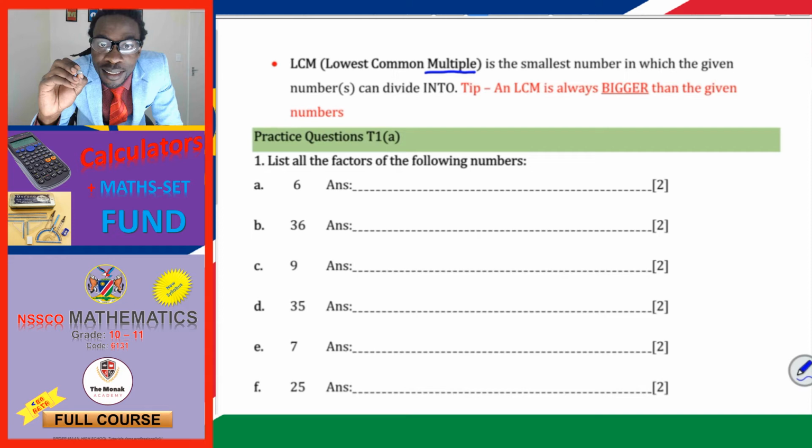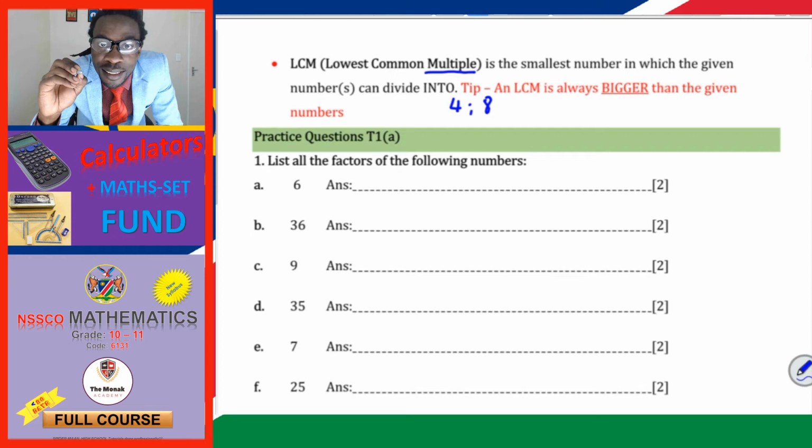So I give our examples 4 and 8. So we're saying, what is the smallest number in which both 4 can go into and also 8 can go into it without leaving a remainder?